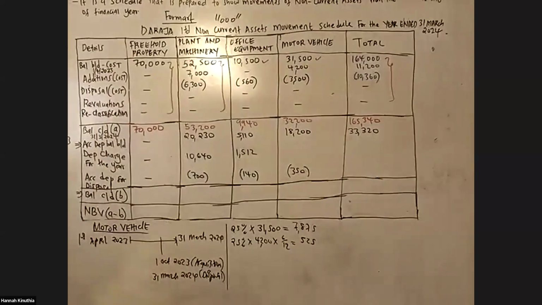There was a disposal also. Now, what was the date of disposal? When did it happen? 31st March 2024. Yes. 5 months. So how do we treat that one?